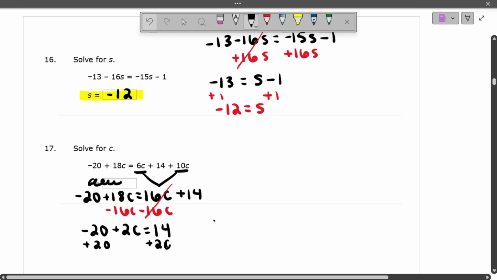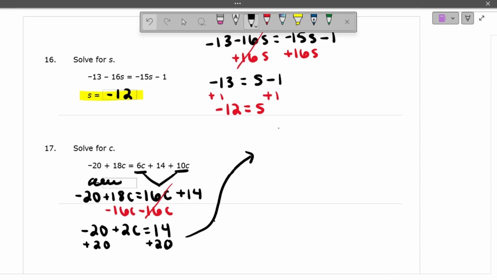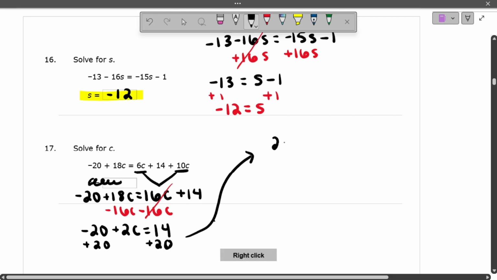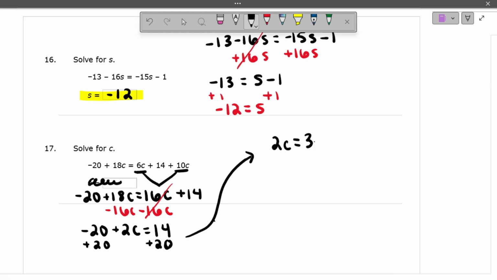And then move this up here. So we have a 2C is equal to a 34. Whenever you divide both sides by 2 to get rid of that 2 next to the C, we'll get C is equal to 17. All right, 17 is done.